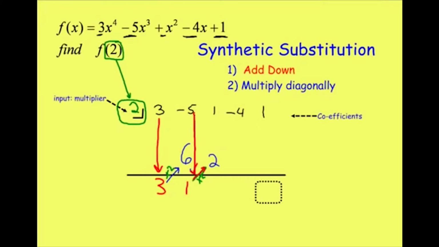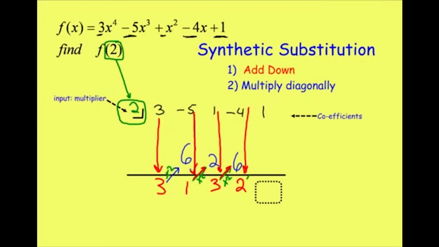We'll add down, so the 1 above plus the 2 makes 3. And now we're going to multiply again diagonally. We're continuing to add down and then multiply diagonally by 2 because that's my multiplying number. So we have 3 times 2 is 6. And then we add down. Negative 4 plus 6 is a positive 2.